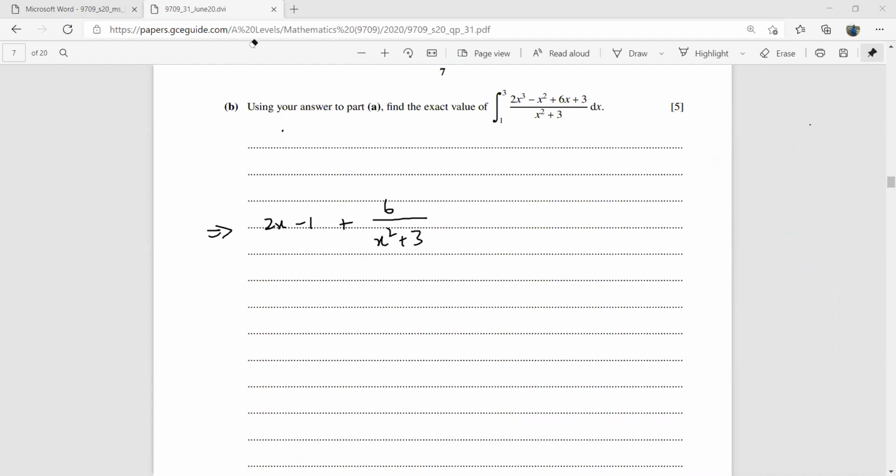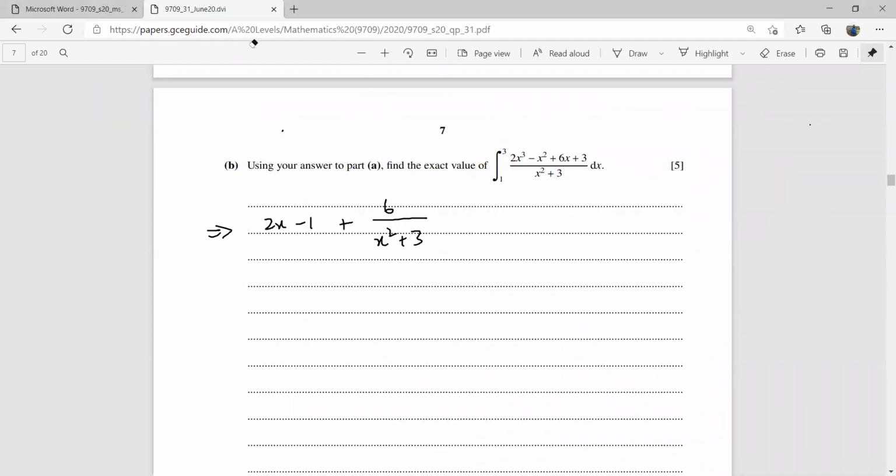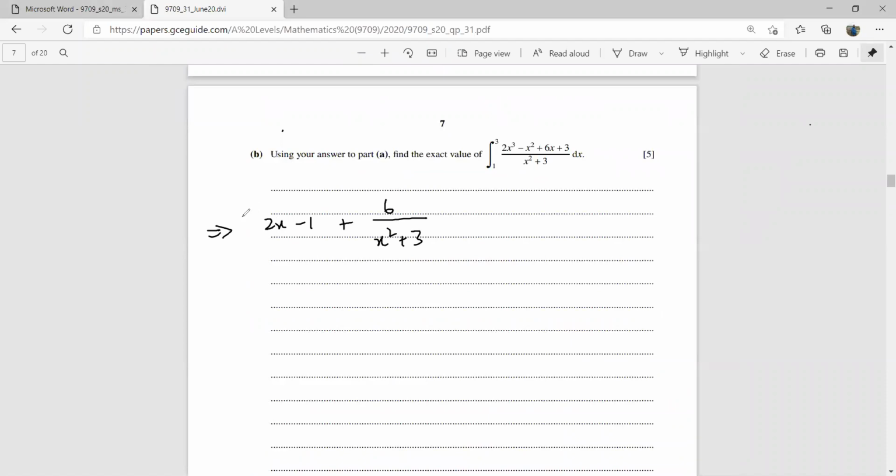So this becomes the integral of all of this, with limits from 1 to 3. We can integrate 2x minus 1 very easily. But the problem is with this.